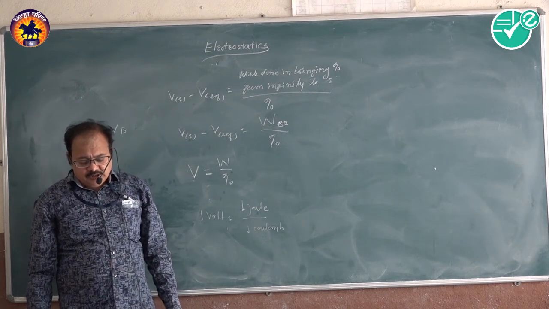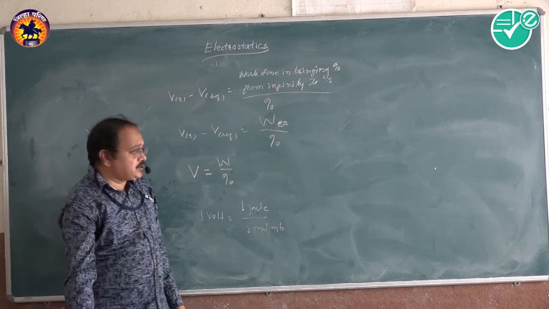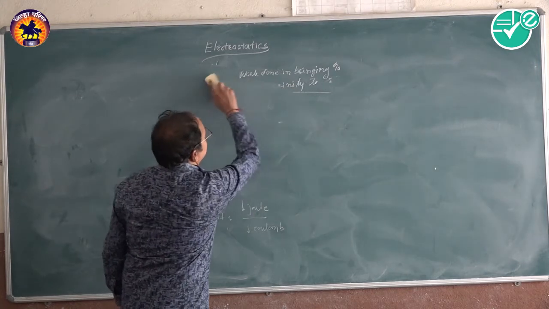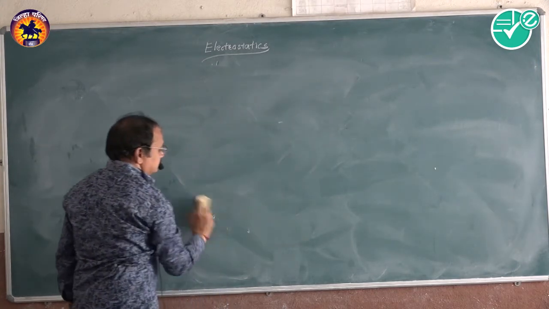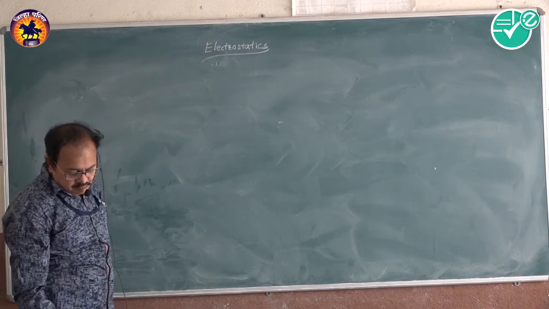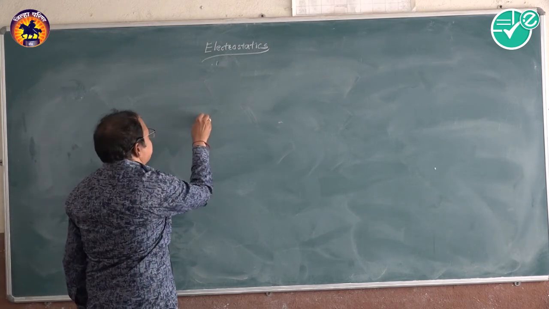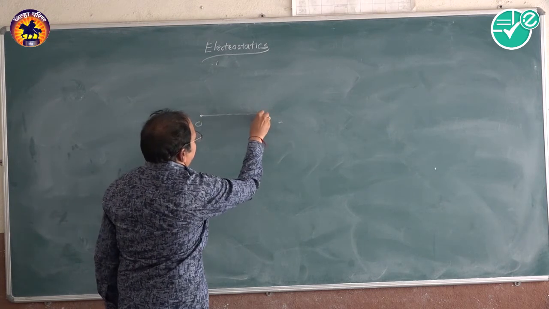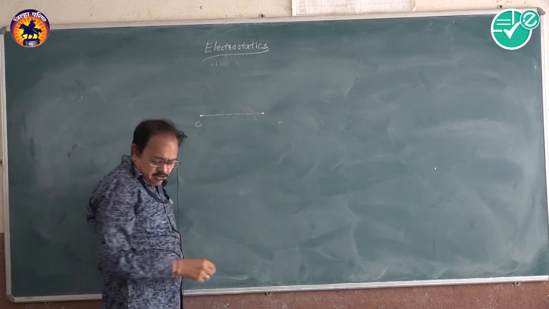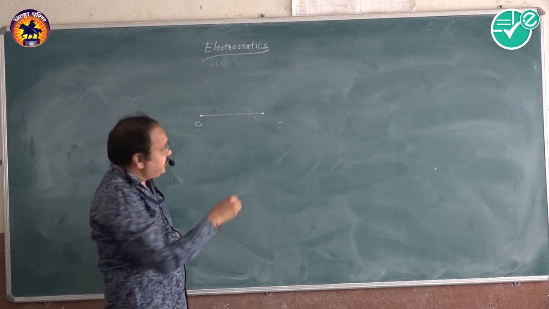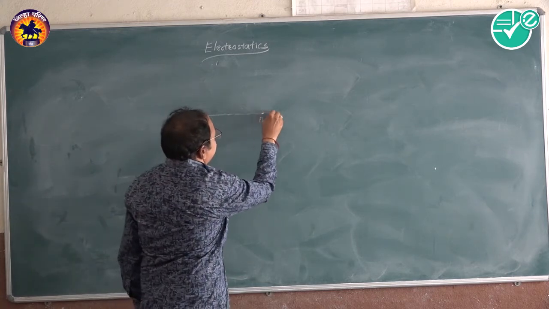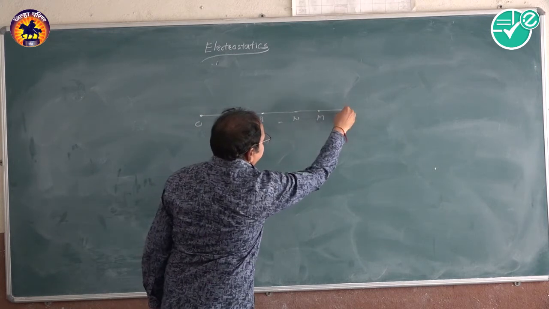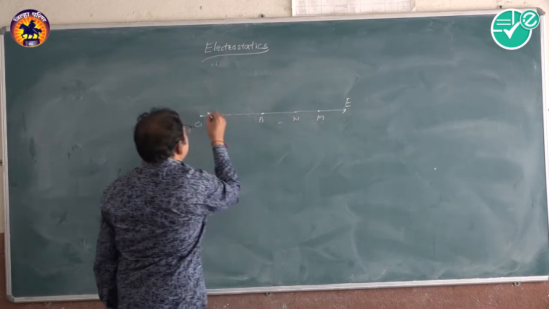Now, for our consideration, suppose this is point O, this is point E, it is M, and it is M. It represents the direction of the electric field.